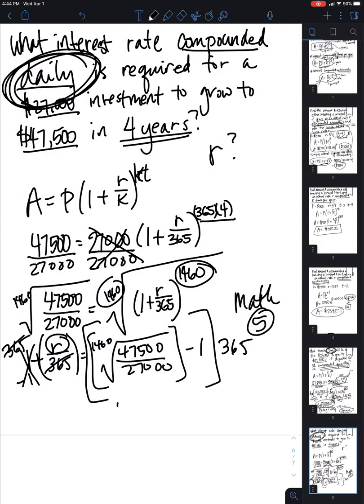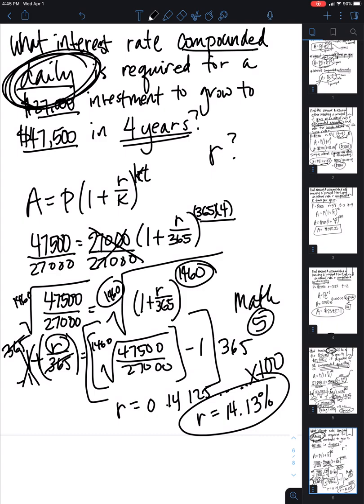And so that gives me, okay, and then you know you have to multiply it by 100 in order to find the percent here. So I'm going to times 100, and you get 14.13%. Make sure you're rounding and doing all that to the right decimal.